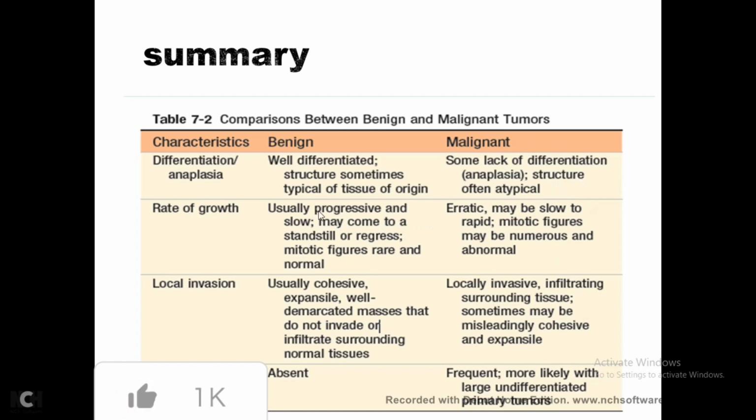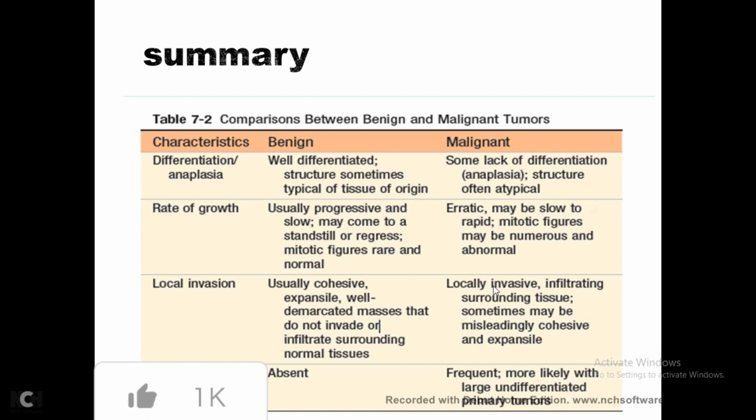Rate of growth: we know that benign tumors progress slowly and mitotic figures are rare, while in malignancy you see a lot of mitotic figures and very rapid growth. Local invasion: benign tumors form expansile masses, but malignant tumors actually do not form much of a mass.